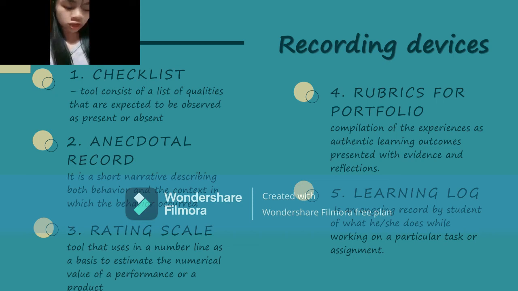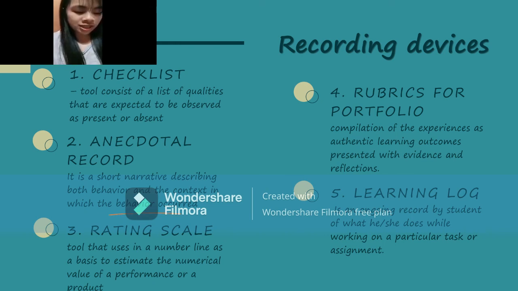This is a short narrative describing both behavior and the context in which the behavior occurred. Thirdly is the rating scale. This is a tool that uses a number line as a basis to estimate the numerical value of a performance or a product.